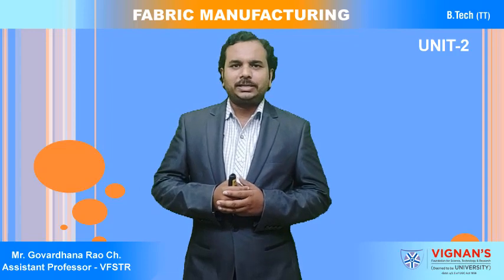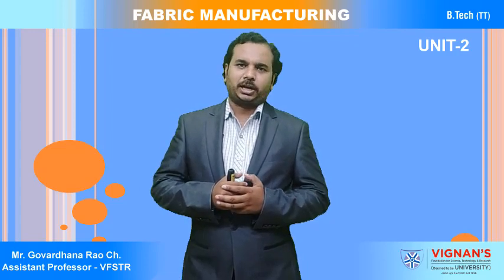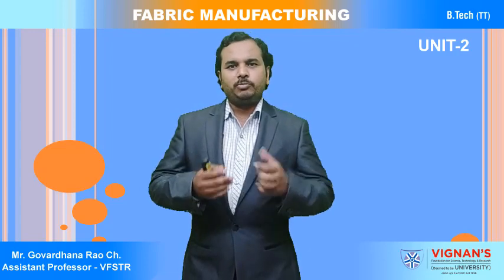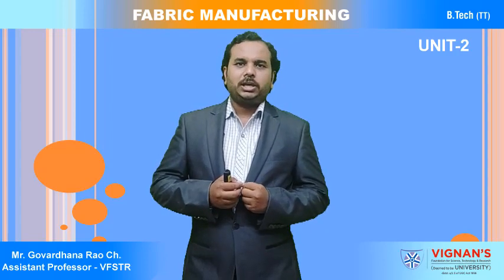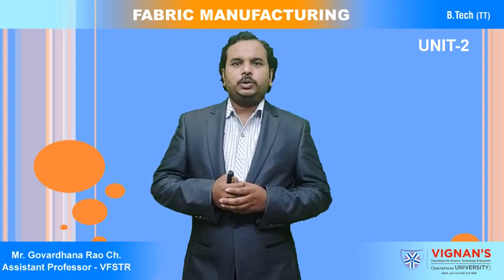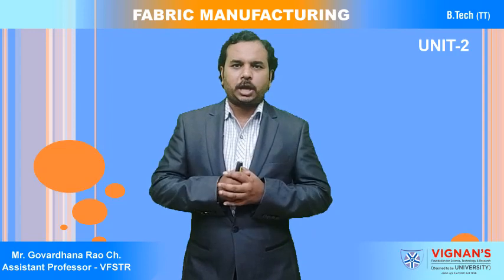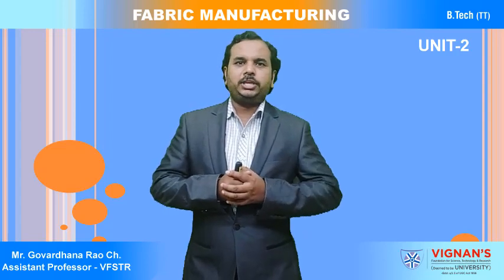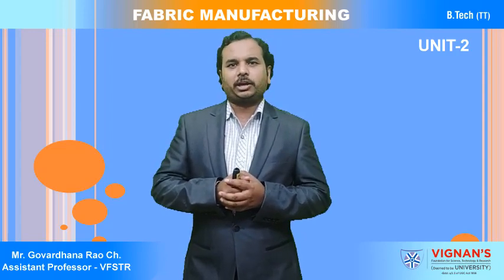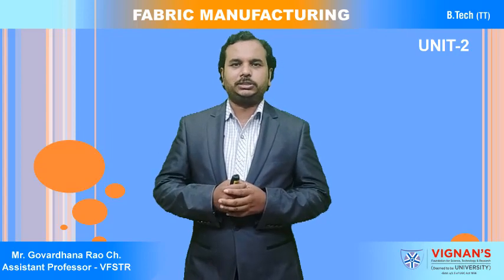And along with these, we have discussed splicing technology. After the removal of faults present in the yarn, how the two broken ends are joined with the help of splicing technology or knotting technology.